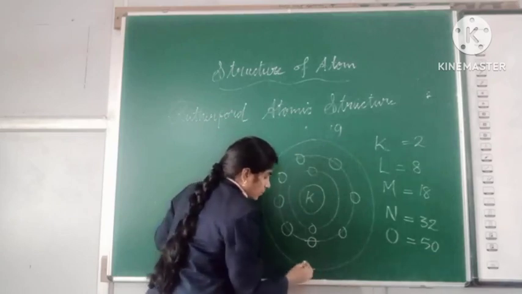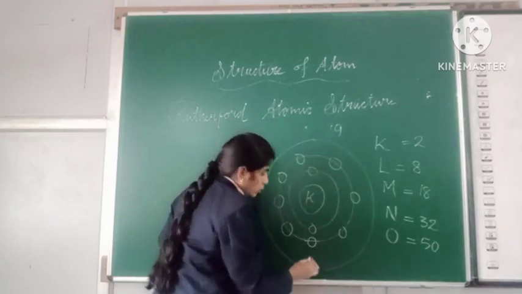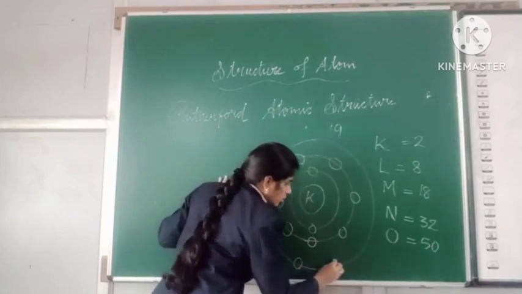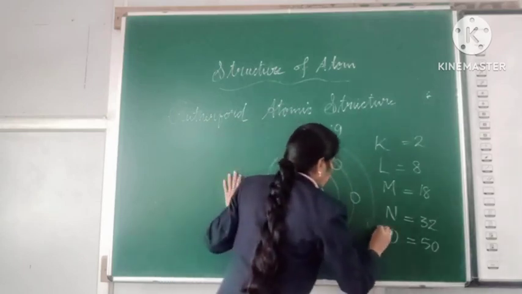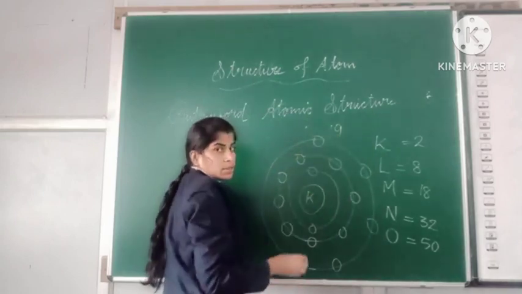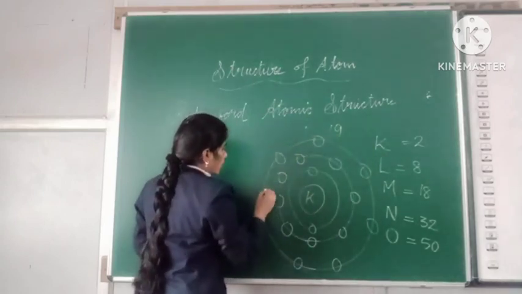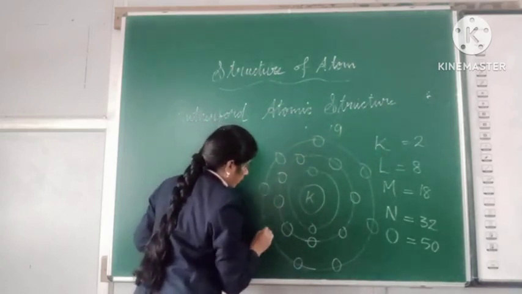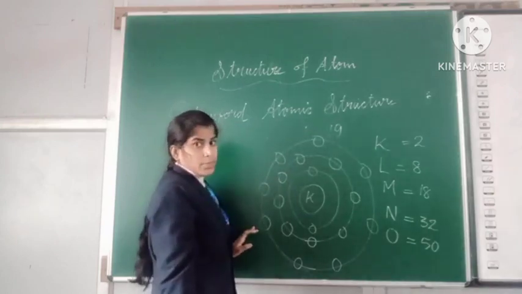The next one is the M shell. The M shell also accommodates 8 electrons, because the total atomic number is only 19.